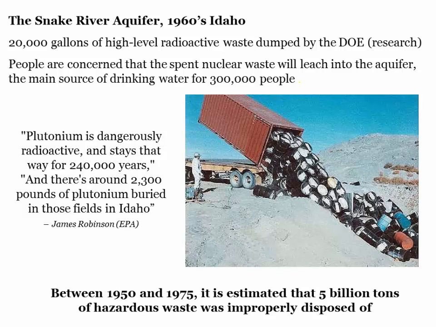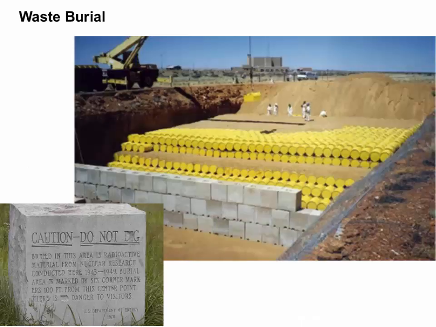In this case, there was 20,000 gallons of high-level radioactive waste that was dumped by the Department of Energy. The waste was actually produced in a different state, New Mexico, and it was dumped in Idaho in the Snake River Aquifer, which is a drinking supply for 300,000 people. So again, we didn't know what to do with this stuff, and in some cases we still don't.